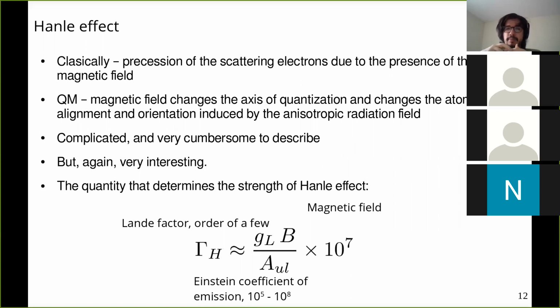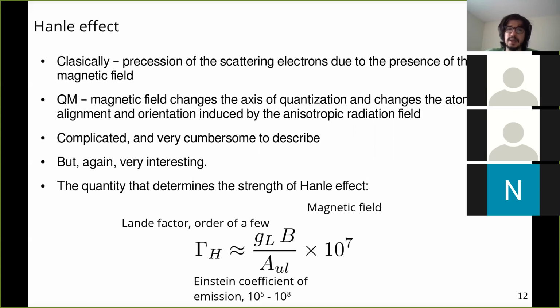Because you remember maybe that we could model the scattering process and absorption and emission processes in general as some sort of harmonic oscillations of the electrons. So in a way, these oscillating electrons are now precessing because the magnetic field is changing the axis, the quantization axis, if you want. And that creates a different movement of the electron and a different polarization state.